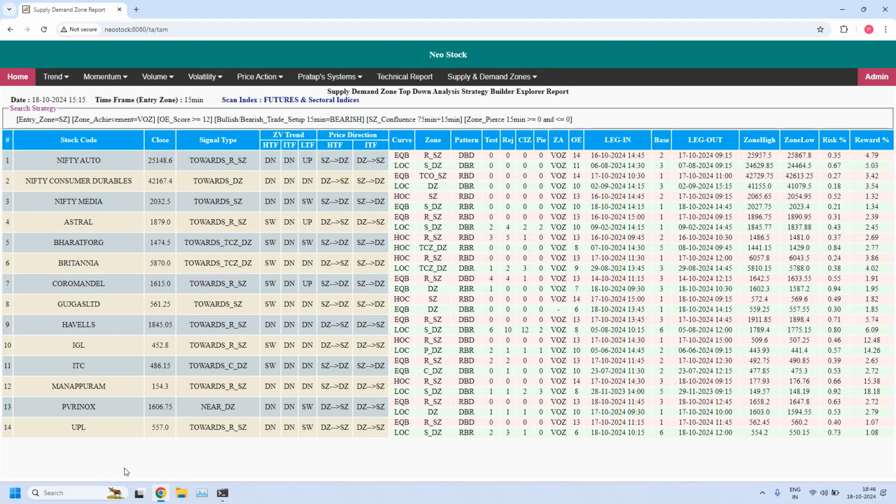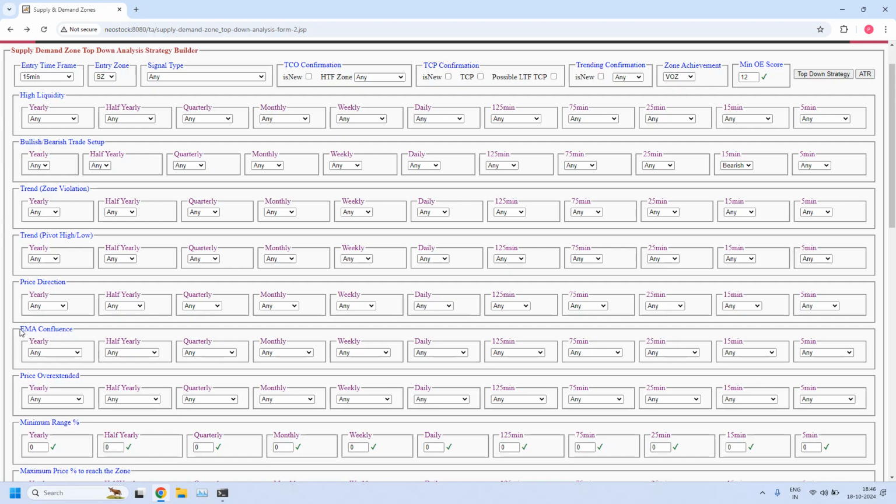If any of these supply zones have EMA confluence, that is daily EMA confluence, it is an even higher probability setup, because 15 minutes zones are part of 75. If the 75 minutes supply zone has daily EMA confluence, let's verify.